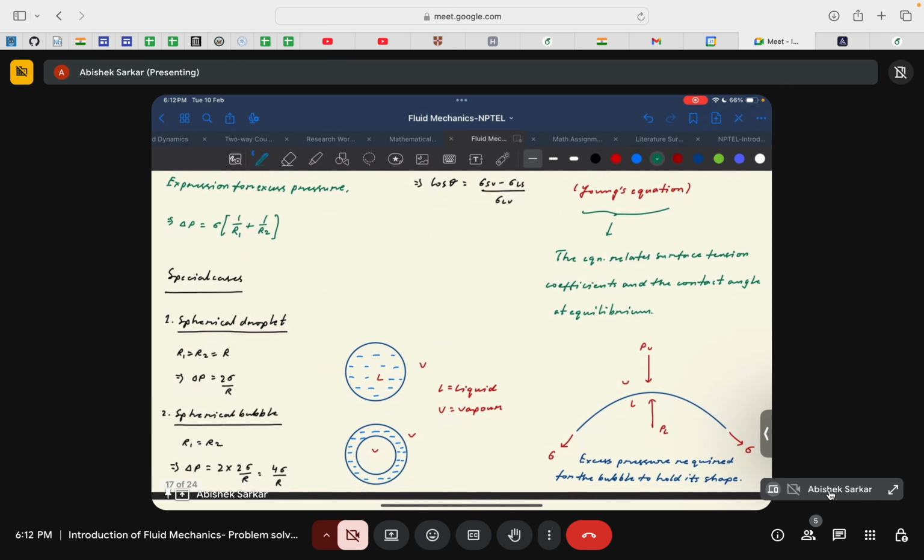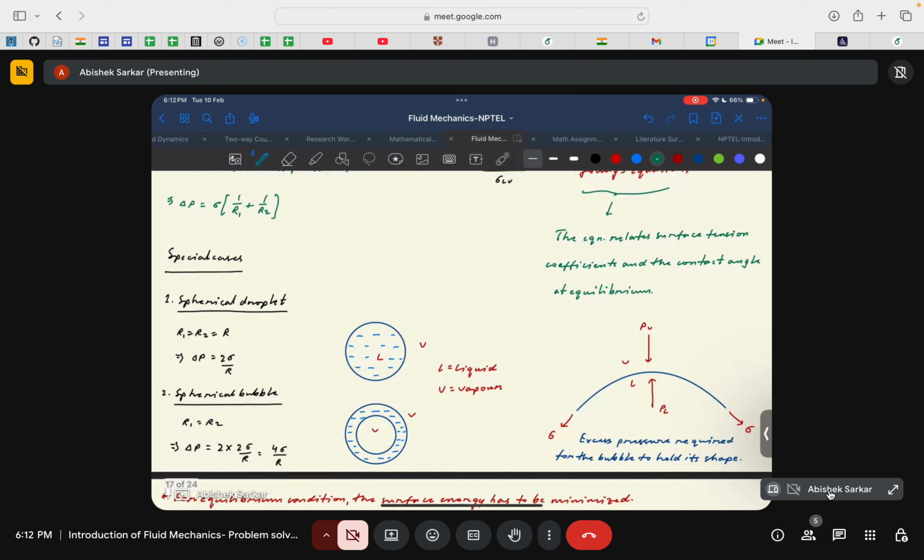Now we'll look into some special cases. For the sake of this basic fluid mechanics course, we will not deal with these complex surfaces which have different radii of curvature, and we will not ask those questions in the exams either, for this course.